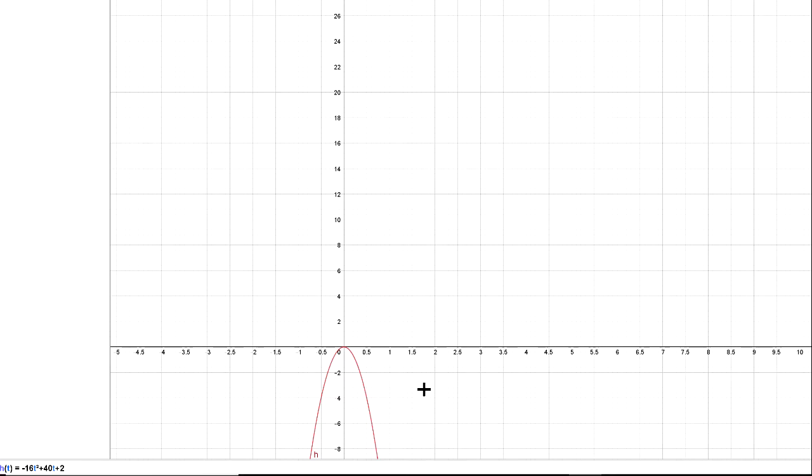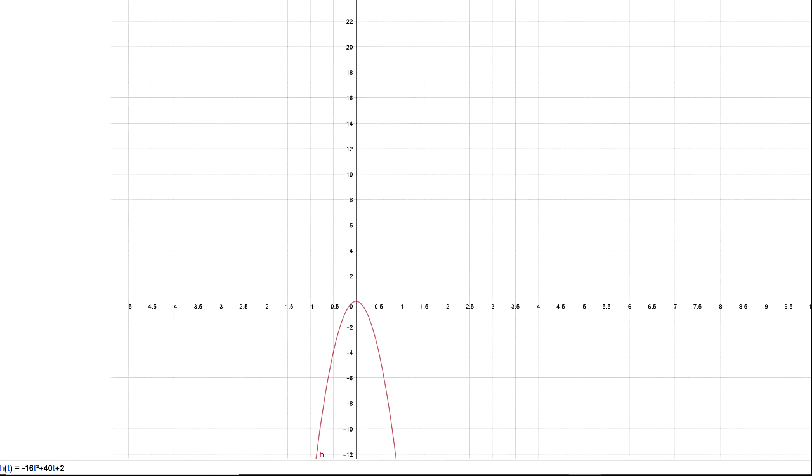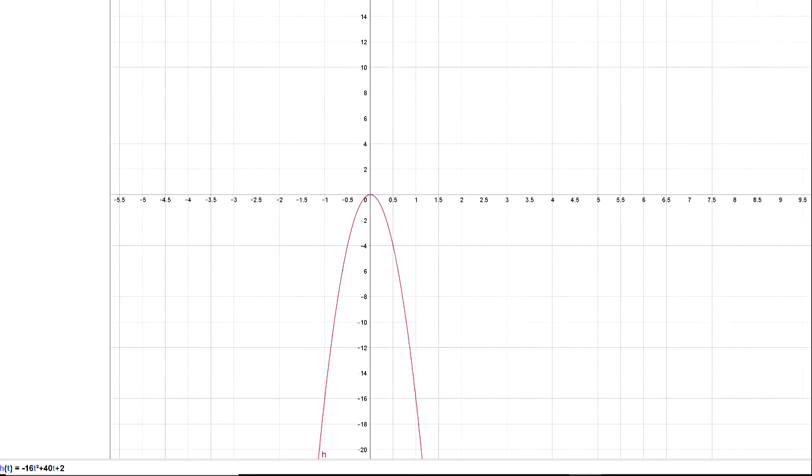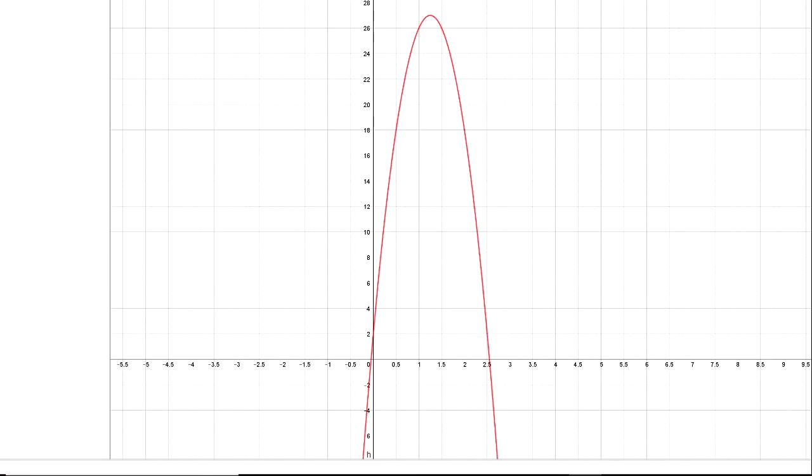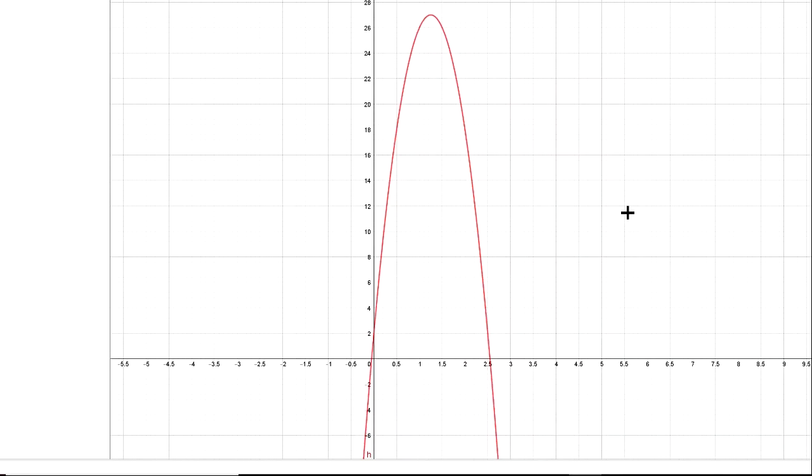You can already see the graph of the function here. I'm going to move it up a little bit so that we can see the entire graph. Feel free to adjust the window to zoom in and out as you need, so that you can see all the key features of this parabola.